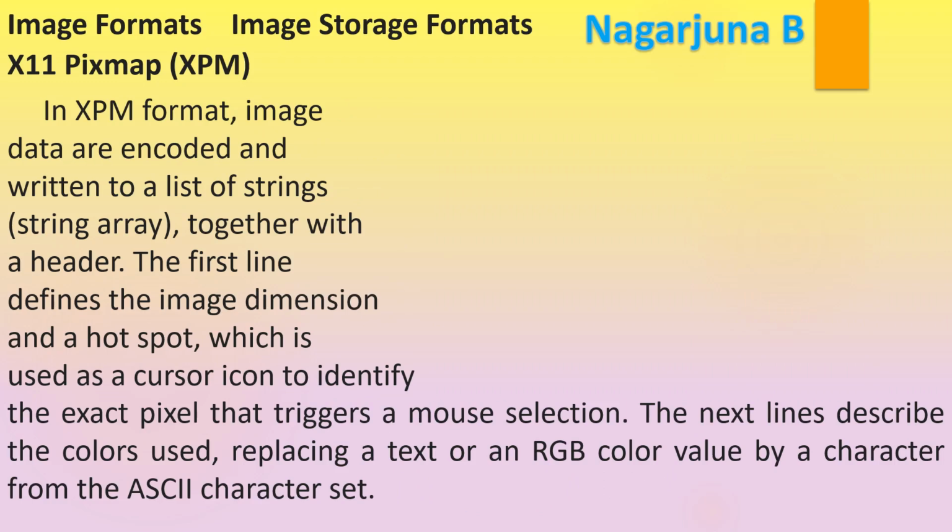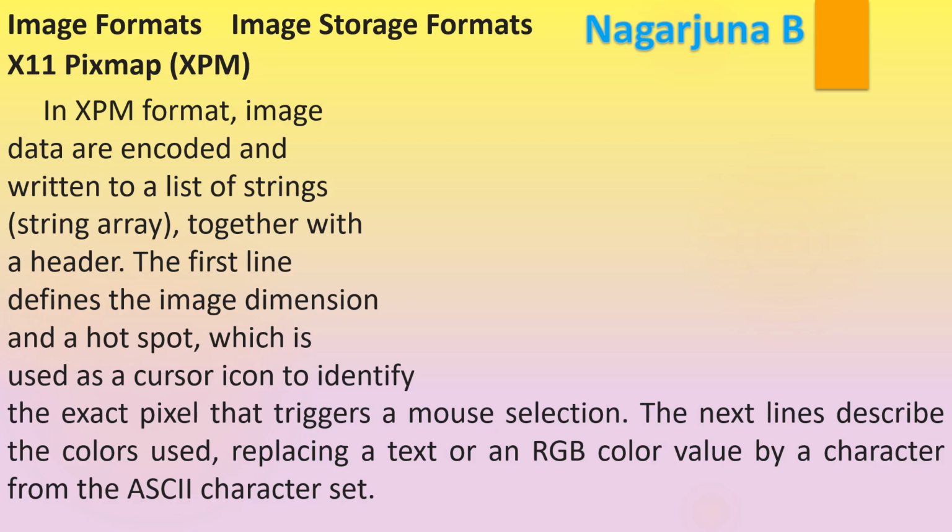Next one is X11 Pixmap. It is also used in the Unix operating system for storing an image. In the X11 Pixmap XPM format, the image data are encoded and written to a list of strings, called a string array, together with a header.